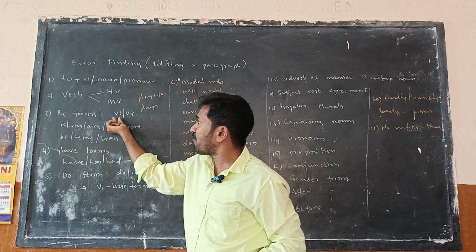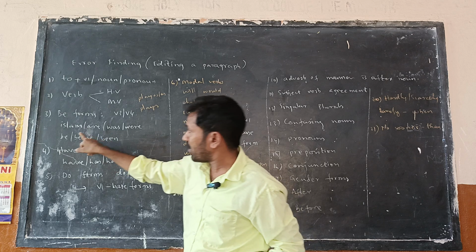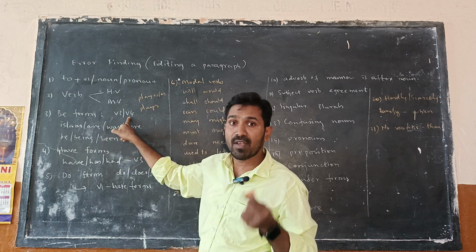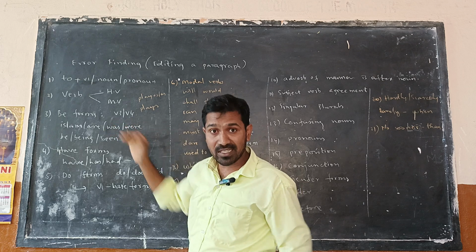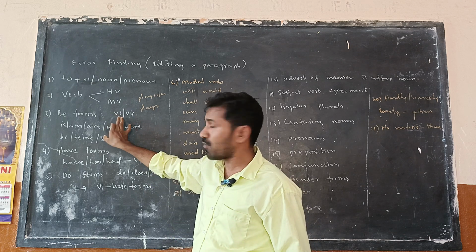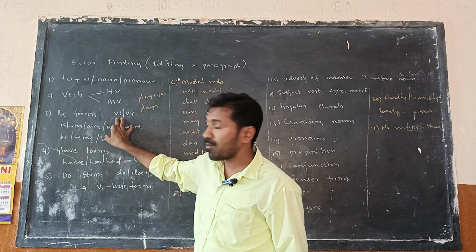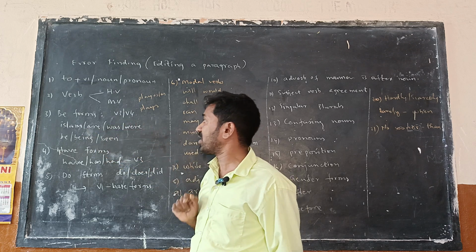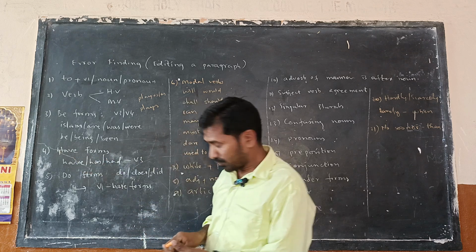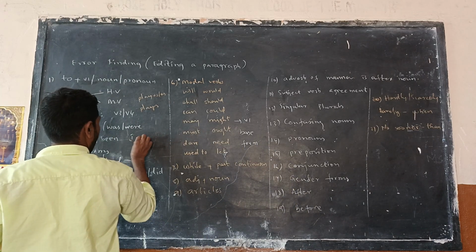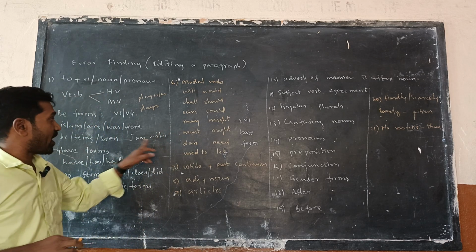You see here, after be forms, generally we write V4 in active voice. If it is active voice, after be forms, V4 should be there. If the voice is passive voice, then after be forms, these are the be forms, only V3 must be there. Now suppose I have written "I am writes".